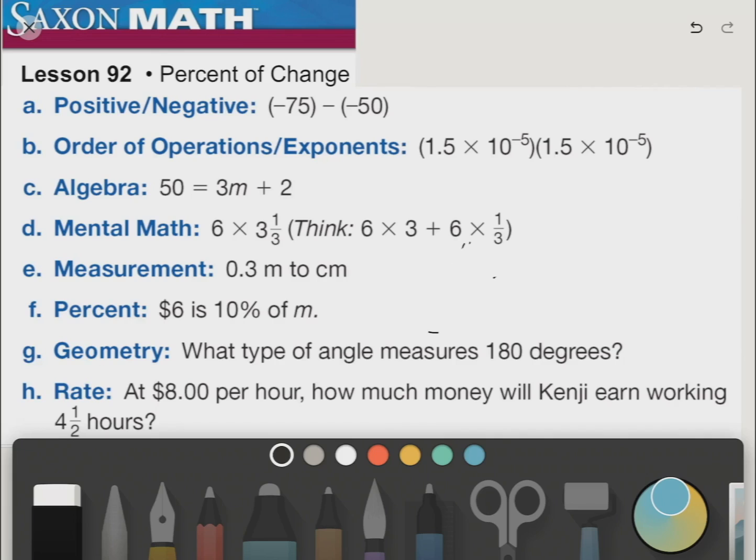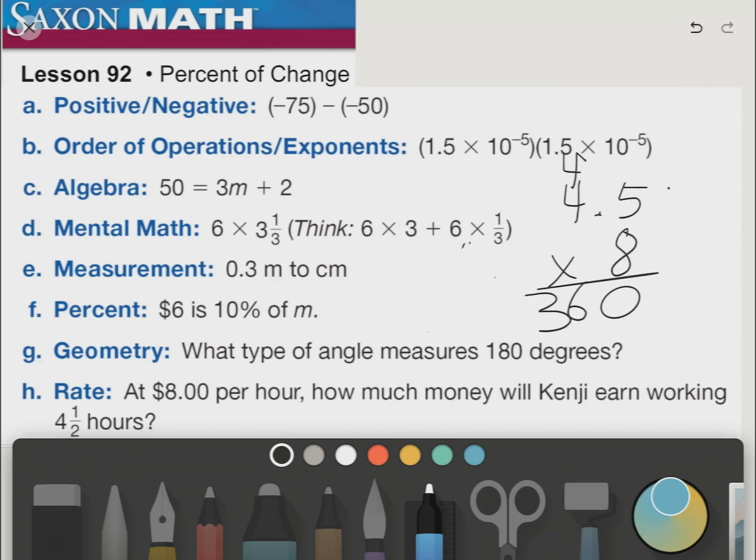I put it where I've got a little more space. 4 5/10 times $8 gets us to $36.